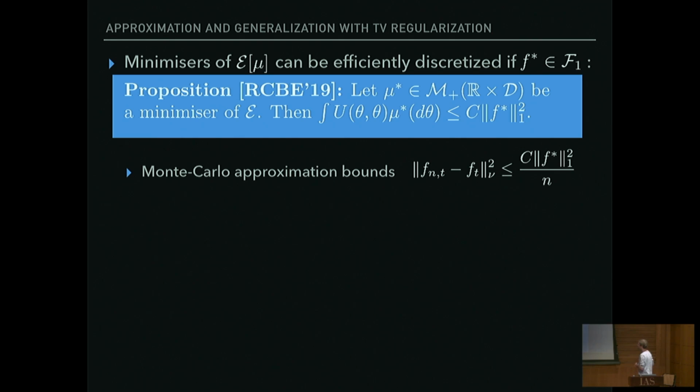So in particular, I can leverage this inequality to use Monte Carlo approximation. At every point in the dynamics, I can sample from this measure and get an approximation error that is not cursed, because here it is n, not n to the 1 over d. And of course, if this function was in F1, then I can learn it efficiently.